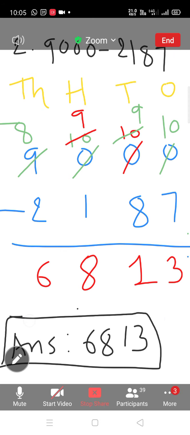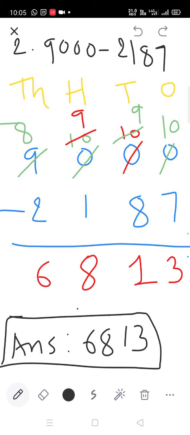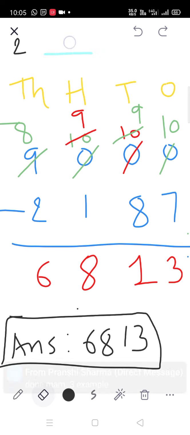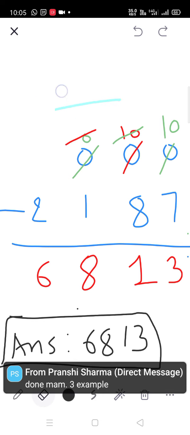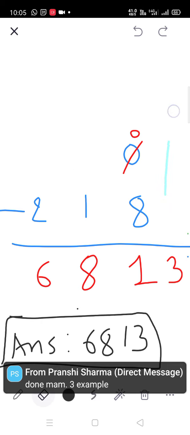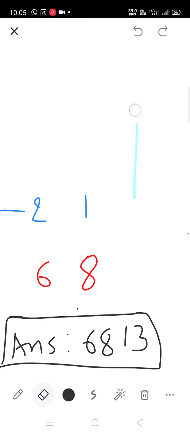Okay, now time for the homework. I will give you two examples as homework. So you have to complete in your notebook. Two examples we are done. Example number 3.